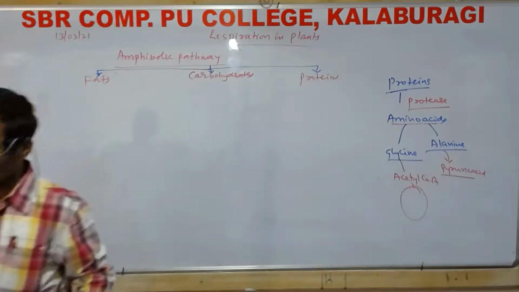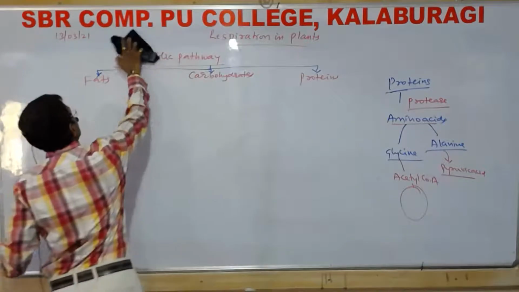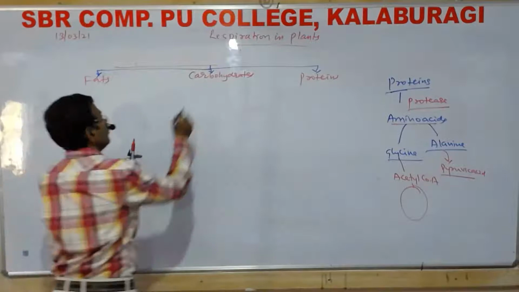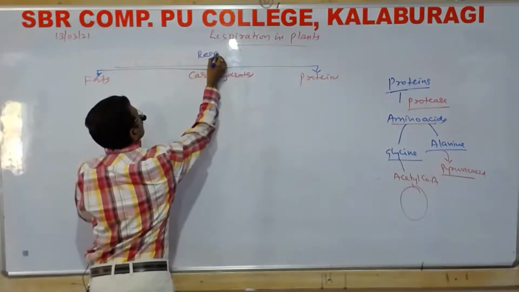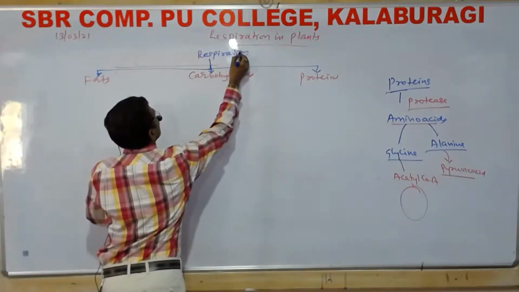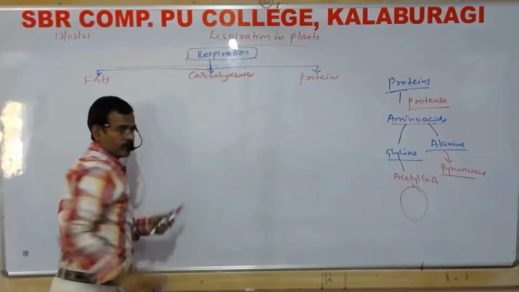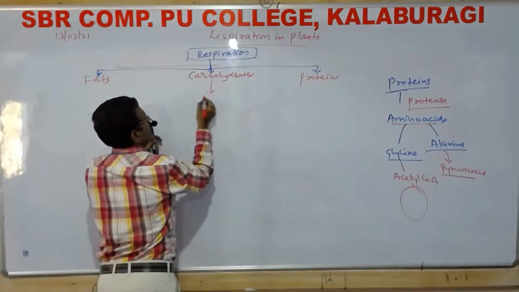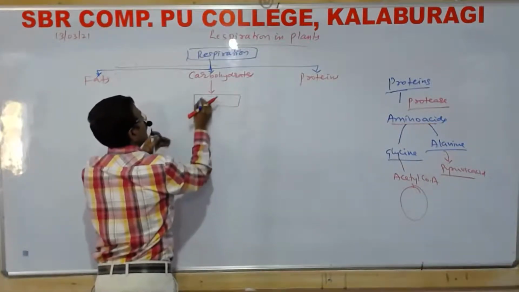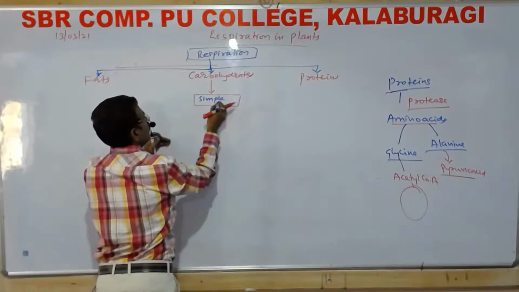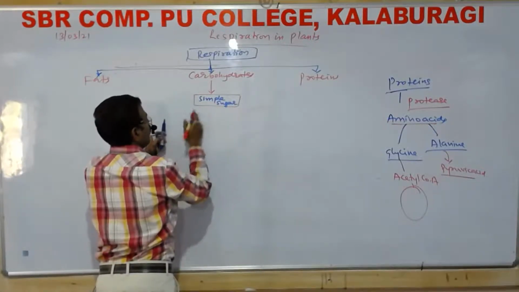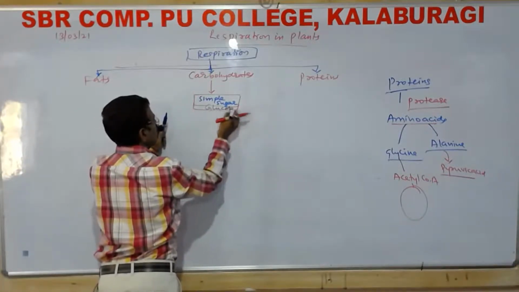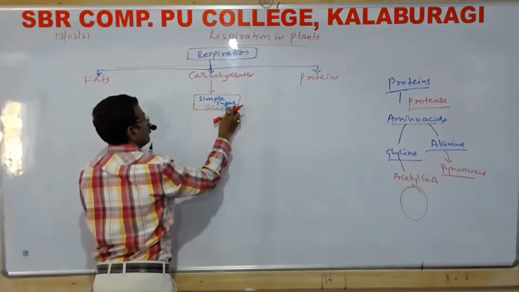These are different respiratory substrates. These substrates can be used during respiration. So first, if carbohydrates are there, these carbohydrates are broken down into simple sugars. That simple sugar is mainly glucose.